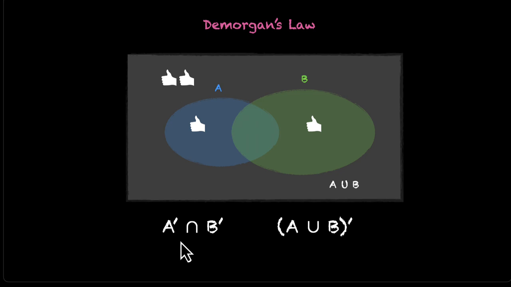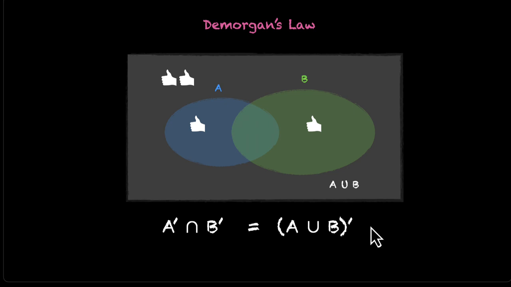So A dash intersection B dash is actually the gray zone. And what's another way to say that? Well, the gray zone is everything that's not part of A union B, which means it is the complement of A union B. And that's exactly what's written here. So A dash intersection B dash is the same as (A union B) dash.